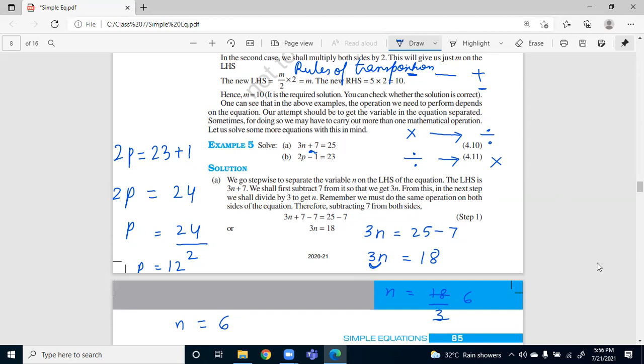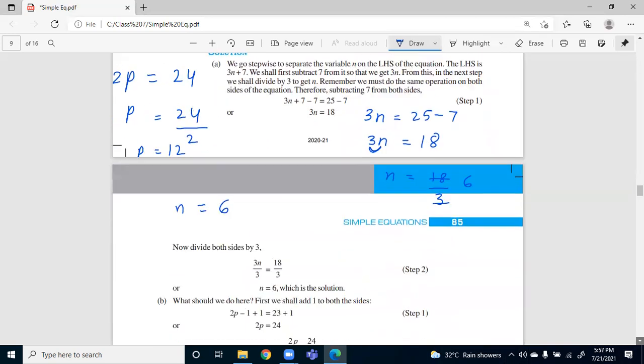Garima, have you also finished? Ma'am, 1 minute writing. Okay, please complete. Done, ma'am. Okay.